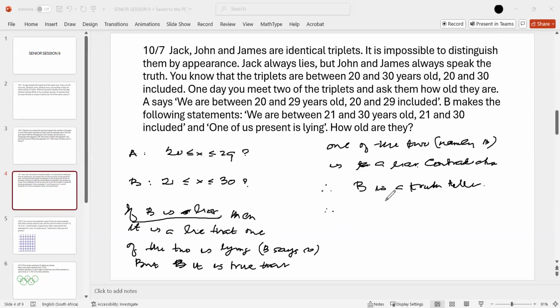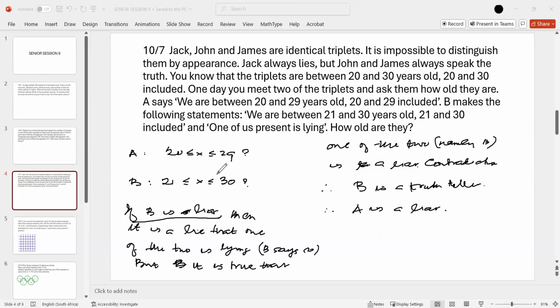So the other person has to be, so therefore A is a liar. Right? B is speaking the truth, and it is true that one of them is lying. He is not lying. He is speaking the truth. So A is supposed to be the liar.